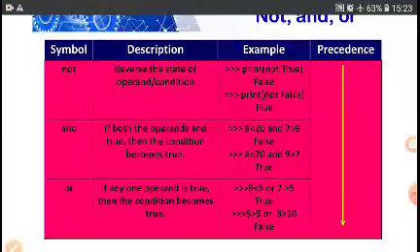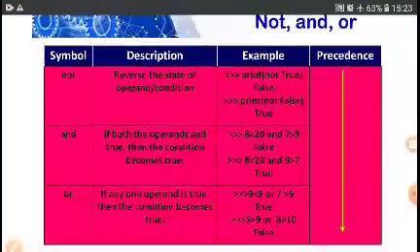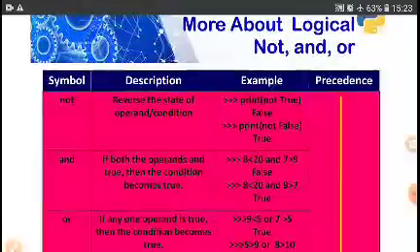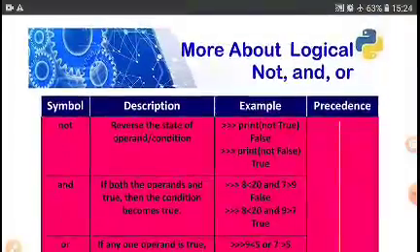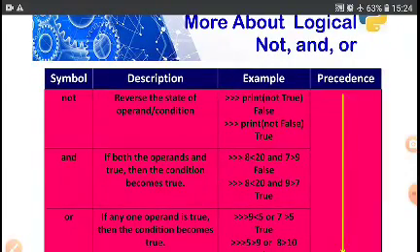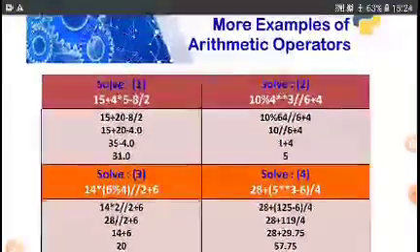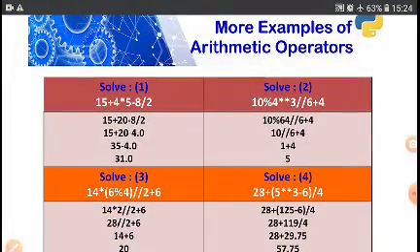You can see in this table: not has high precedence, then and, and last or. Means if any expression has not, and, or operators all available, then the order of execution starts from the not symbol.